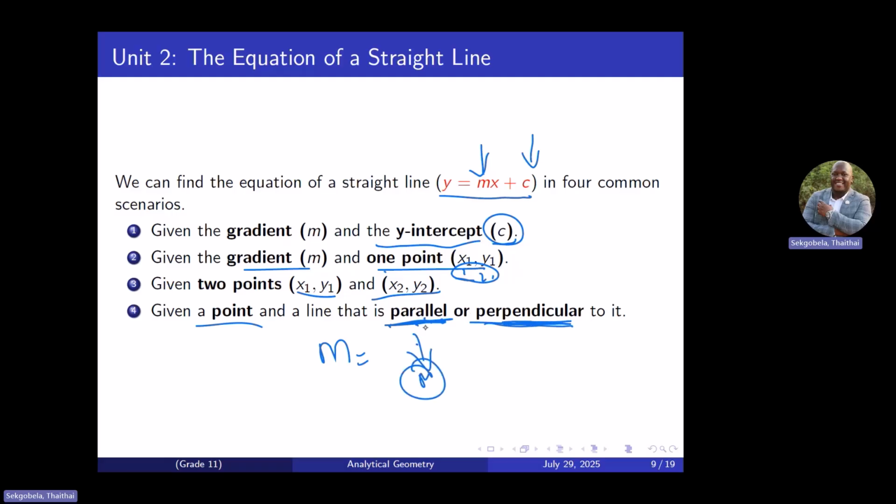If they are parallel, the gradient will be equal to the gradient 2. But if it's perpendicular, then m1 times m2 is equal to -1. So because you know the gradient of that line, you can find the gradient of the line you are looking for using that.